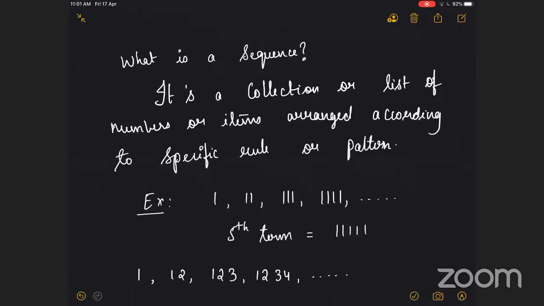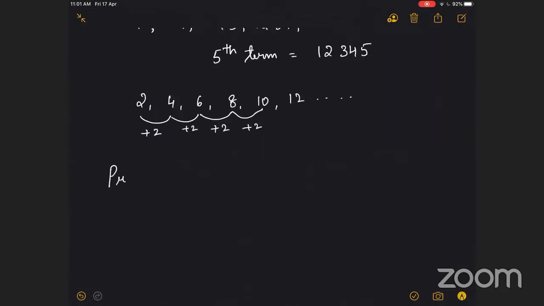I hope the definition of a sequence is clear for everybody. Now we are moving to the next point, that is progression. In the name arithmetic progression, there is a term progression. So what is progression?